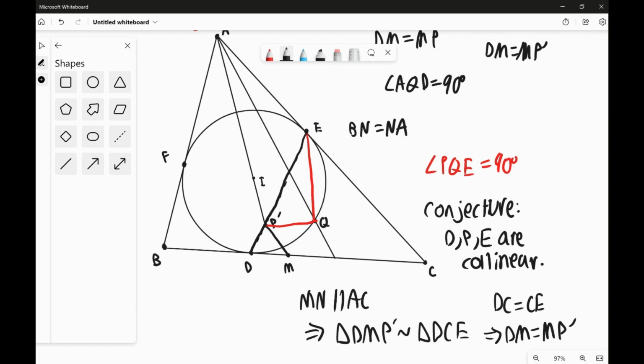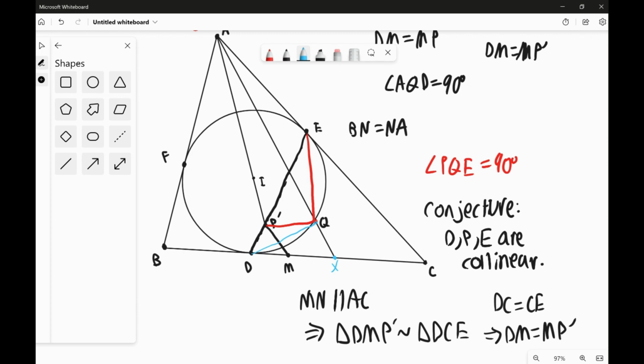We now want to try relating something with this angle. We have something centered at Q, a right angle. So we try thinking, is there another right angle centered at Q? Well, there might. Actually, yes, there is. So if this point here is a point X, then angle DQX is equal to 90 degrees, as we know.